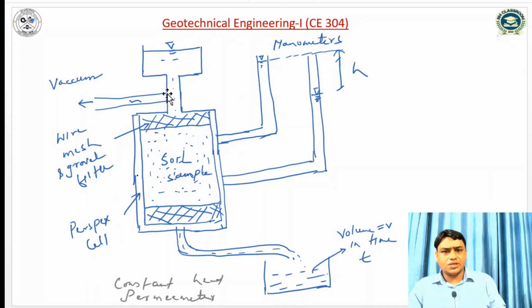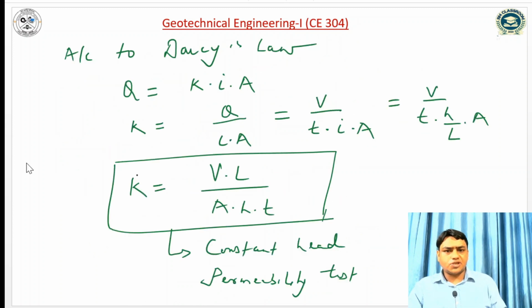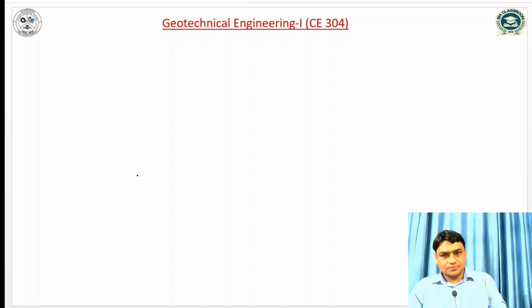We can see here, this is the head difference H. So we can compute the coefficient of permeability by this formula, V into L divided by A into H into T.